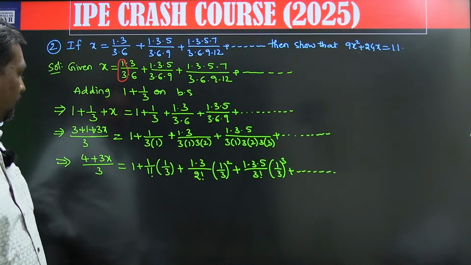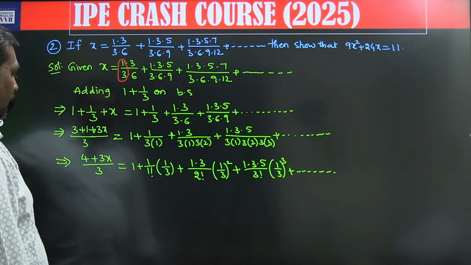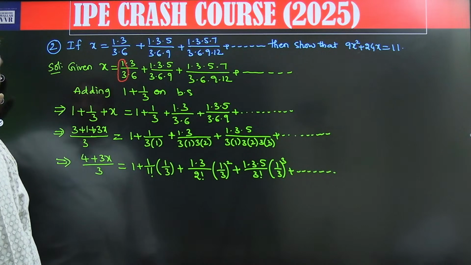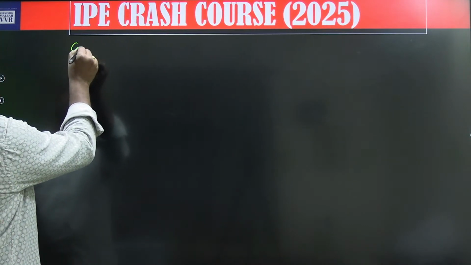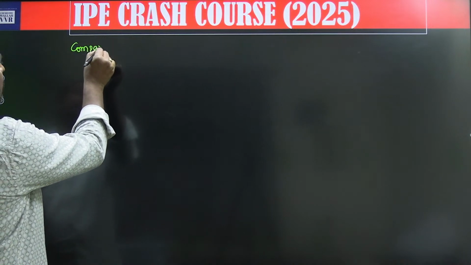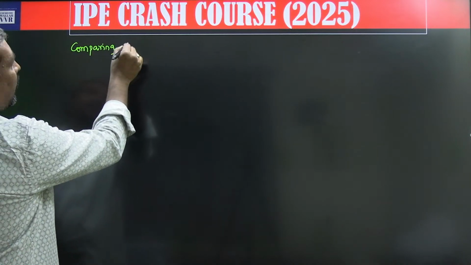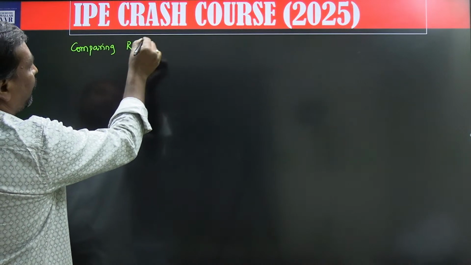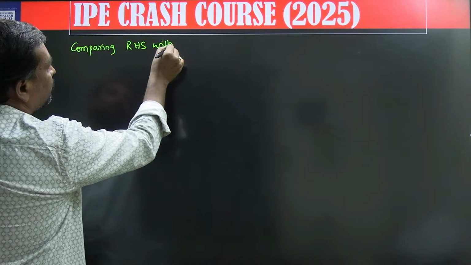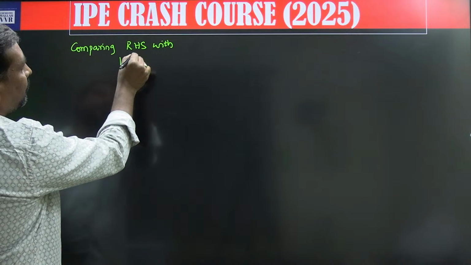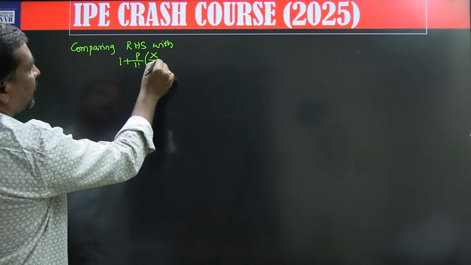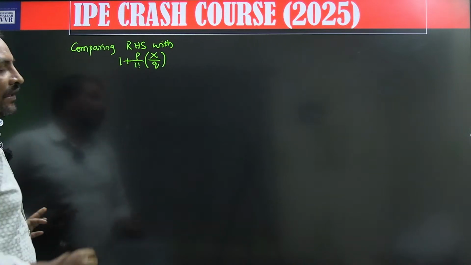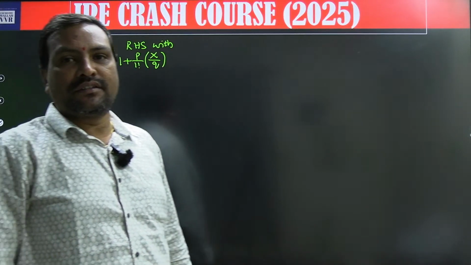So now comparing RHS, same as the before problem, with 1 + p/1! (X/q) + p(p+q)/2! (X/q)² + p(p+q)(p+2q)/3! (X/q)³ + and so on. We use capital X here because the left hand side already has the given small x.